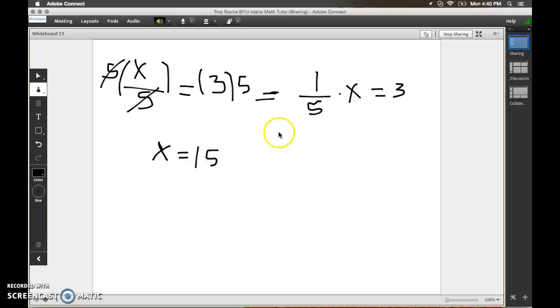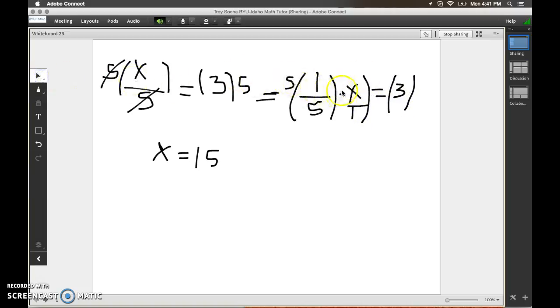In this one over here, it's not as apparent. When we multiply a fraction, we multiply straight across, right? So this is technically x over 5. But we can also say, if we wanted to remove this 5, we just multiply both sides by 5. So if we multiply both sides by 5, well, that x is in there too. Then we get this.